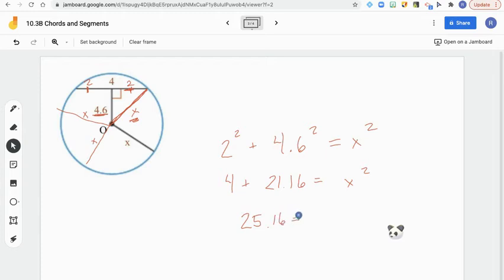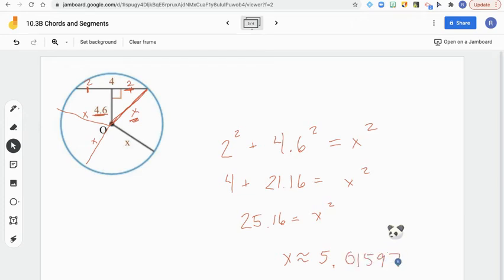So if I want to find the length of that radius, I'm going to take the square root, and I will find that our length x is equal to approximately 5.01597.